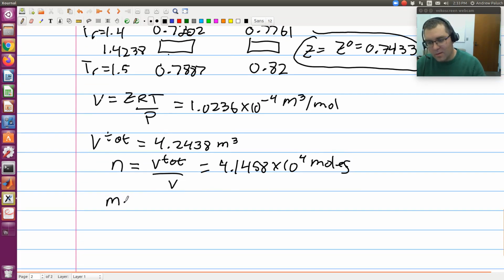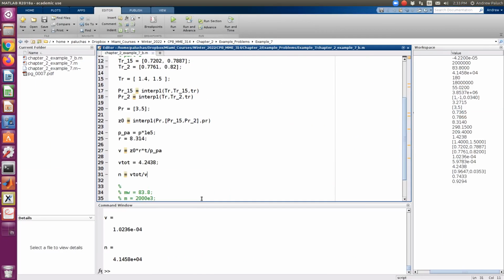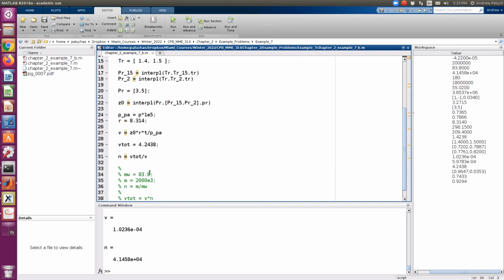The mass will be my molar mass times my moles. Remember, molar weight is grams per mole. So I multiply that by moles.